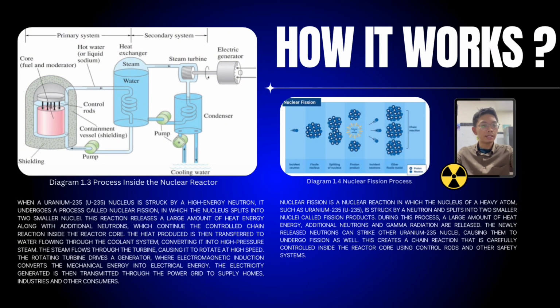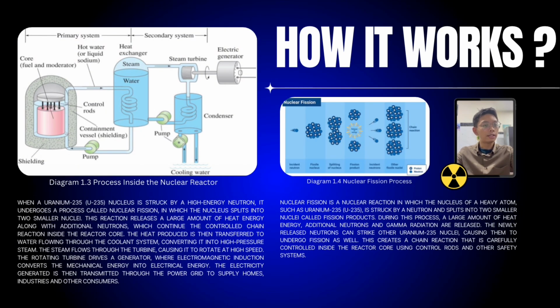The heat produced is then transferred to water flowing through the coolant system, converting it into high pressure steam. The steam flows through the turbine, causing it to rotate at high velocity. The rotating turbine drives a generator, where electromagnetic induction will convert the mechanical energy into electrical energy. The electricity generated is then transmitted through the power grid to supply homes, industries, and other consumers, such as universities, schools, and so on.